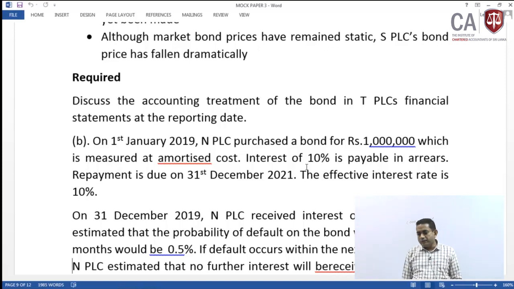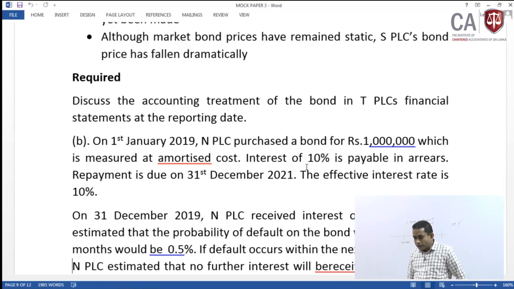On 31st December 19, NPLC received interest. So, we have to receive coupon interest over first, second, third, 3 years. This one has already been received, no problem. On 31st December 19, NPLC received interest of 100. It estimated that the probability of default on the bond within the next 12 months would be 0.5.